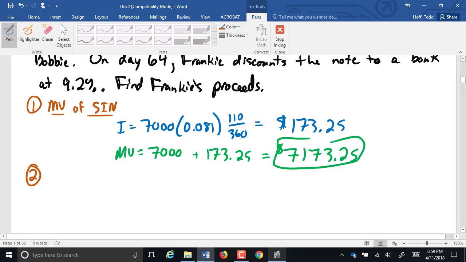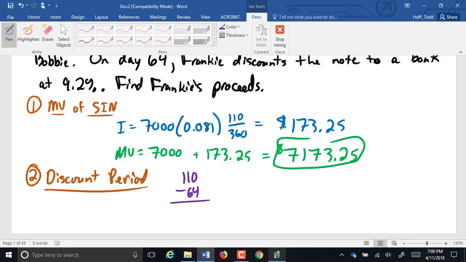What's step two? Discount period. Good. How do we find our discount period? Perfect. It was a 110-day note. 64 days have gone by, so subtracting gives us 46 days left.